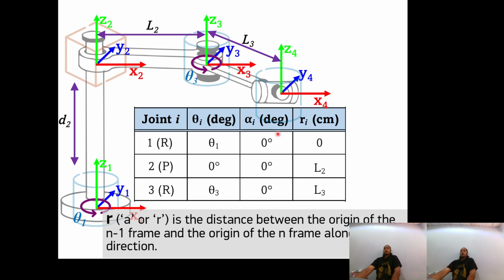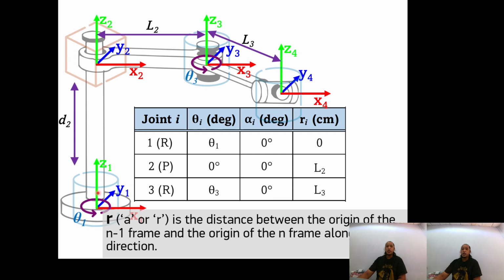And we have to find the r. r is the distance between the origin of the n-1 frame and the origin of the n frame along the xn direction. This is the origin, this one. The length of this one is 0 because this one is prismatic, and the origins of this one and this one are the same.